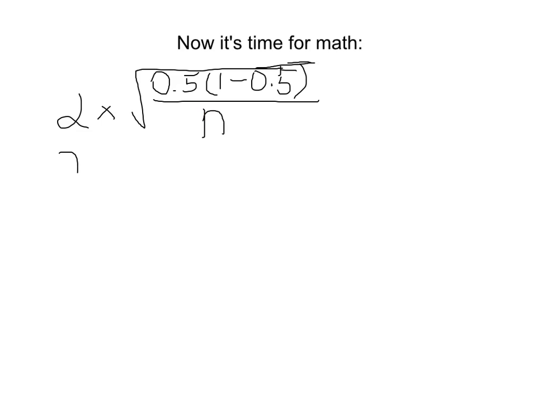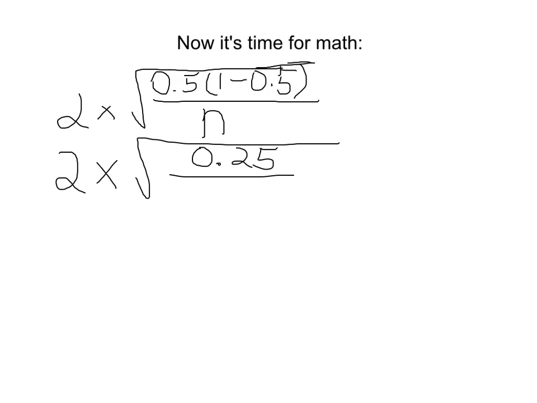We keep everything the same down here: 2 times the square root. Now 1 minus 0.5 is 0.5, so we're really looking at 0.5 times 0.5. That comes out to 0.25, and n stays just the way it is.